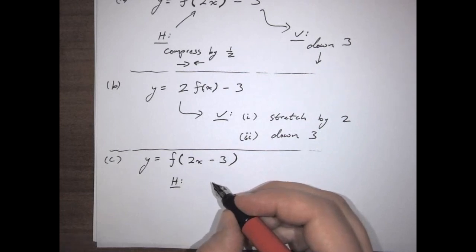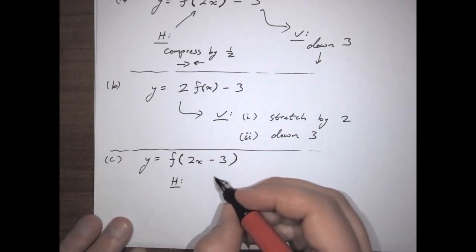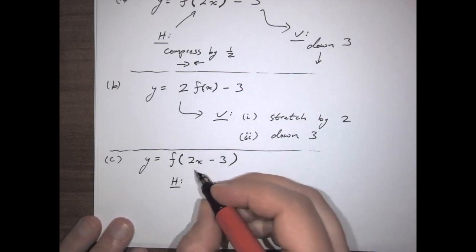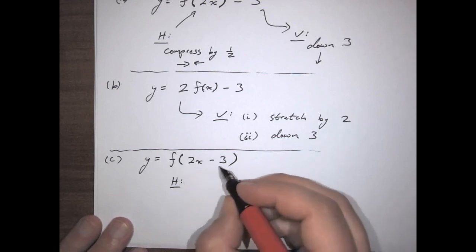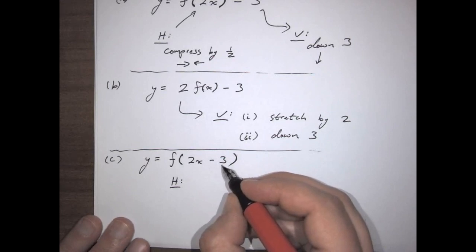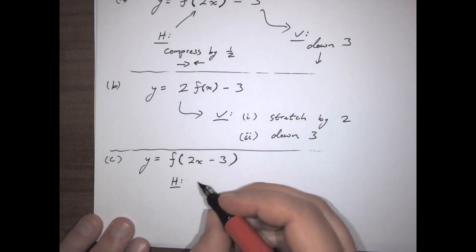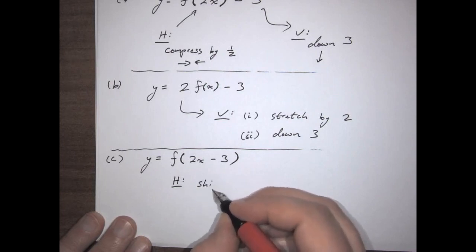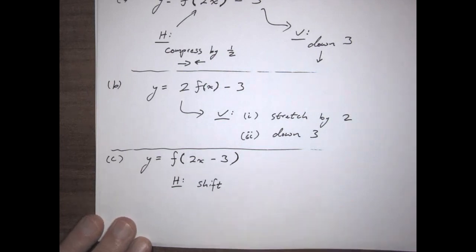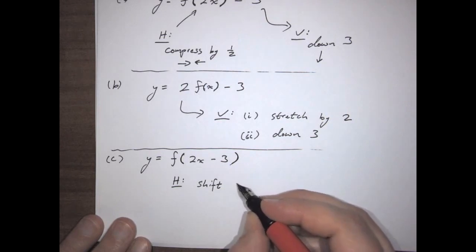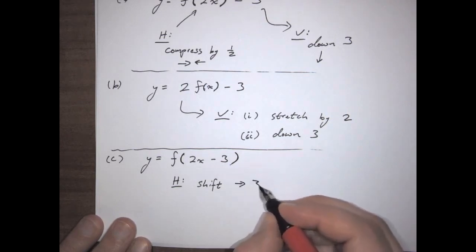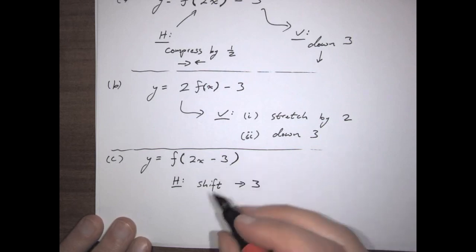Because horizontal transformations are backwards in every way, and because the way they happen is that they replace the x by something else, we are going to have to deal with the fact that there is first a shift, and the shift happens to the right 3 units because it's a subtraction.